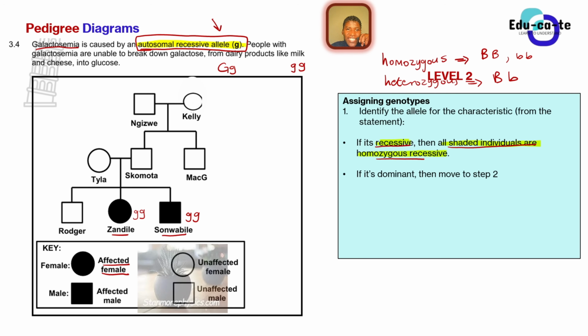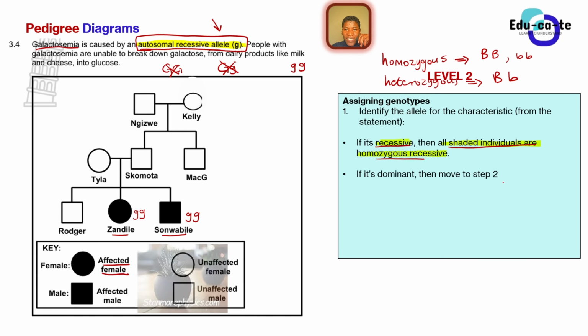Because if you have capital letter G and small letter G, the dominant one will make this person not sick. If we have got capital letter G, this person is perfectly fine, not sick at all. But if you find out that the allele causing this characteristic is a recessive allele, then all the shaded individuals, these are their genotypes. So now you are done there.